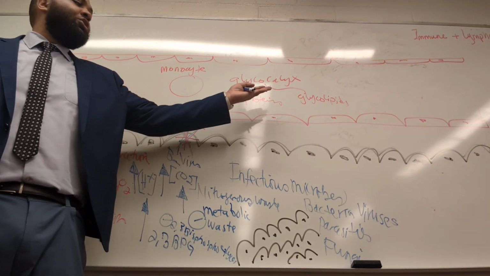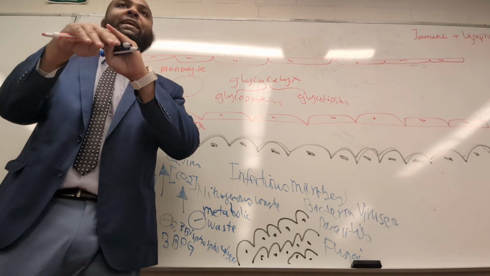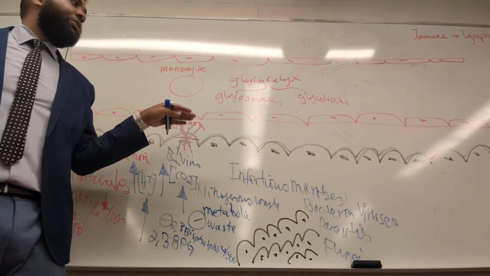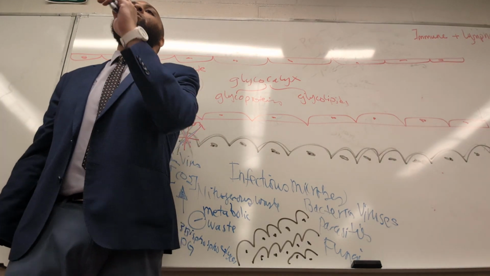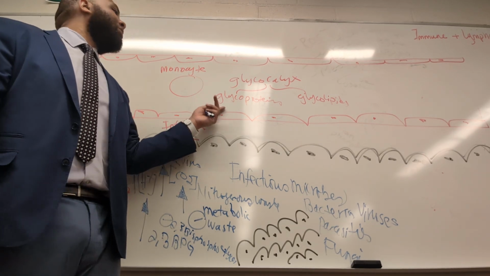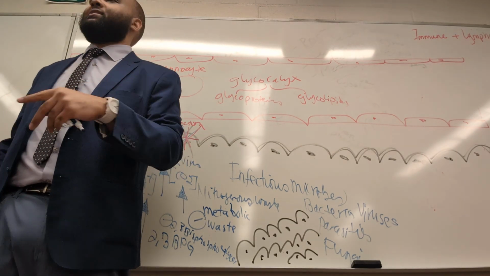So these are sugars on the surface attached to lipid, and sugars on the surface attached to protein. But we don't say it twice. We don't say sugars with protein, we say glycocalyx.